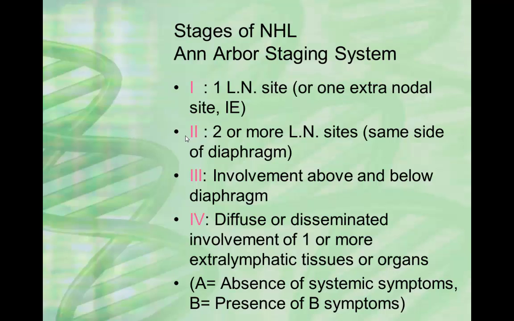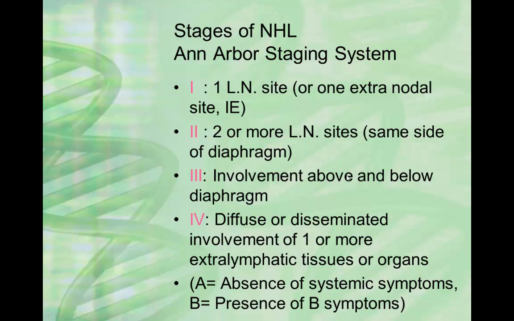So stage 2 is 2 or more lymphadenopathies on the same side of the diaphragm. For example, if you have a lymphadenopathy in the cervical area only, it's stage 1. If you have a lymphadenopathy in the cervical area and also one in the mediastinum, that's above the diaphragm on the same side, then you have stage 2.